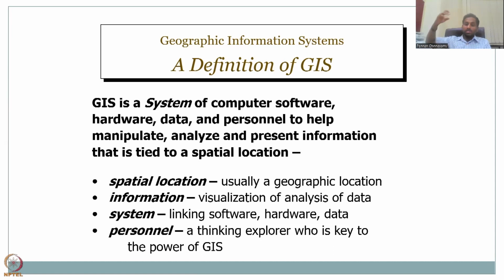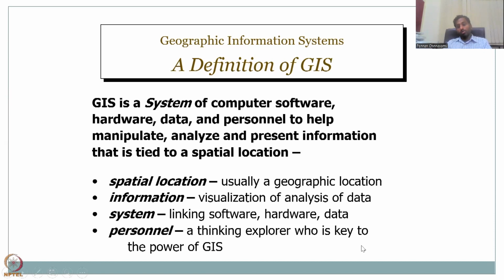Information is visualization of analysis of data. You are visualizing data in GIS. It is put as maps. Numbers are there, but it's not put as tables like we have in different software. Here we put it as maps. And the system is what links everything together, like software and hardware.